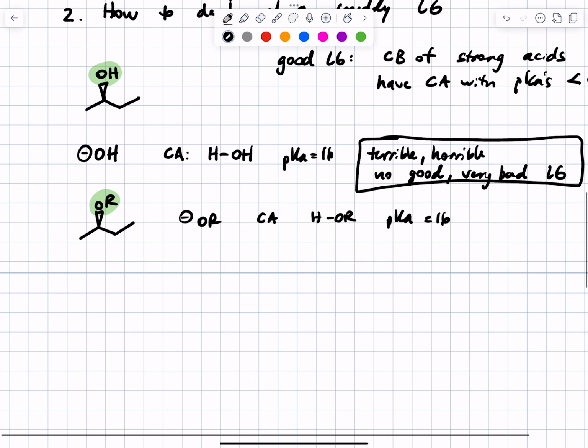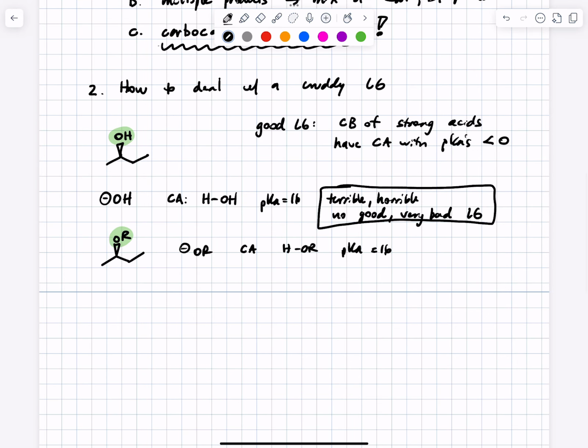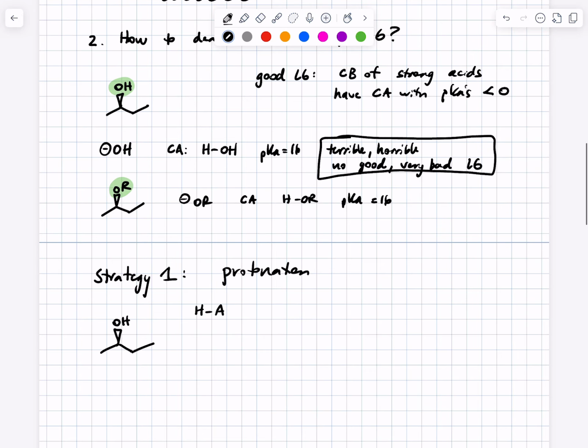Our first strategy for turning the OH into a better leaving group is the simplest one, and that is protonation. So imagine you take your alcohol and you add some kind of acid that has a pKa that's low enough that you could reasonably expect the alcohol to deprotonate the acid.